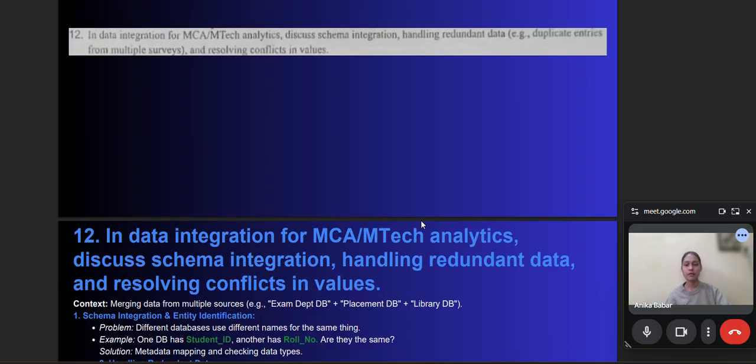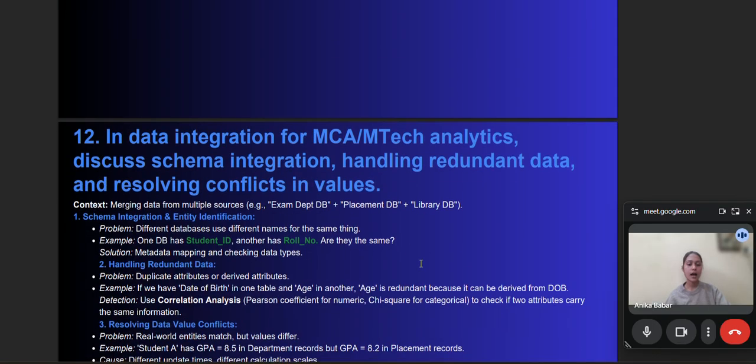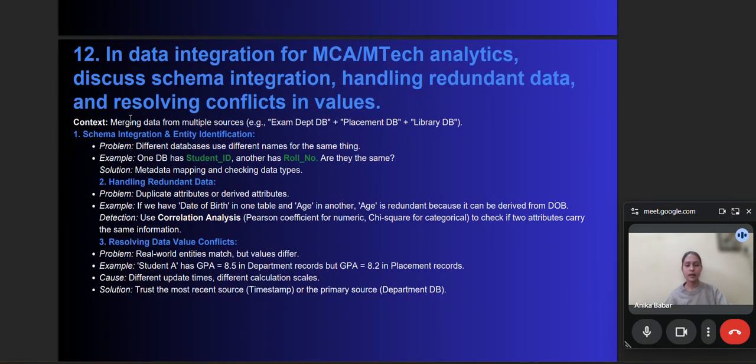Next, we have the 12th question. In this we are going to explain data integration for MCA and MTech analytics, discussing schema integration, handling redundant data and resolving conflicts in values. What is its context? Merging data from multiple sources. So first we have schema integration and entity identification.